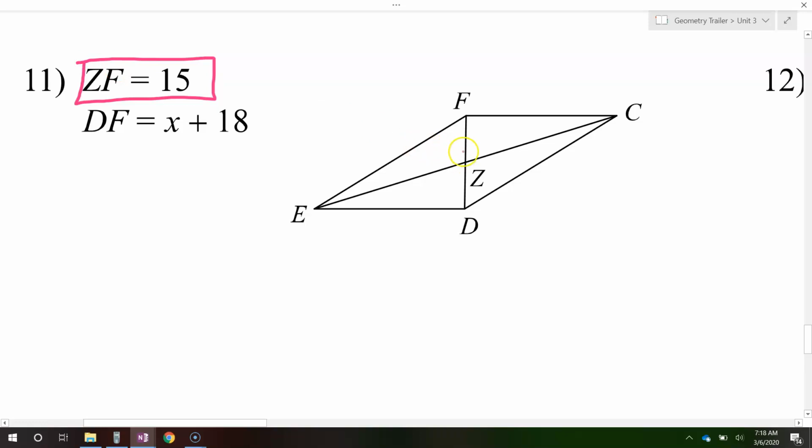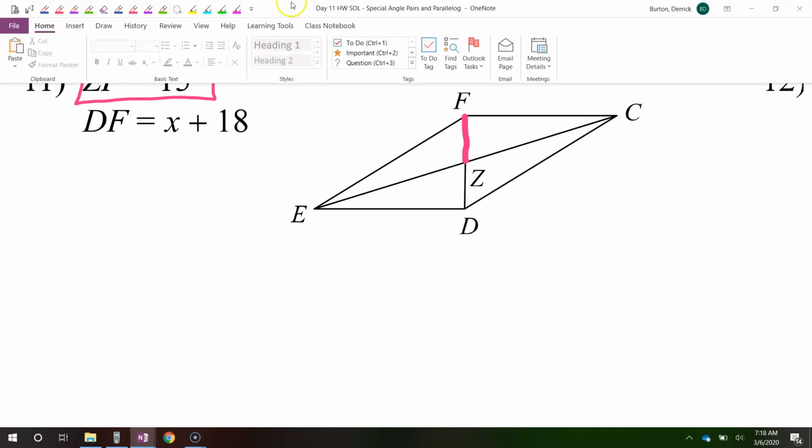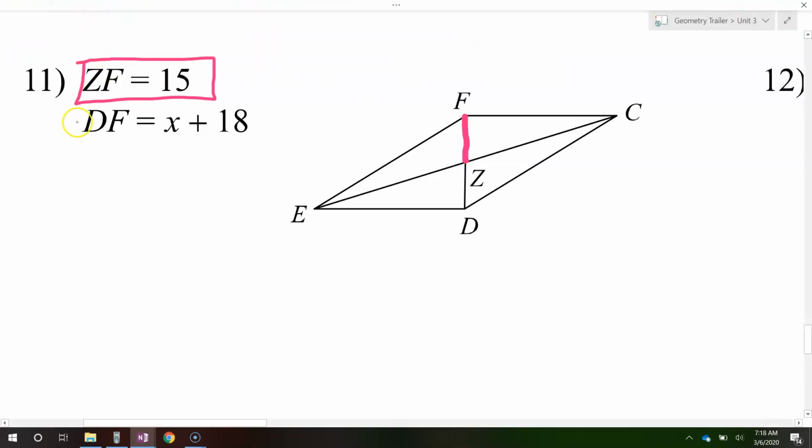So here is ZF right here. Okay, that is ZF. Now, DF is x plus 18. All right, so DF is here.